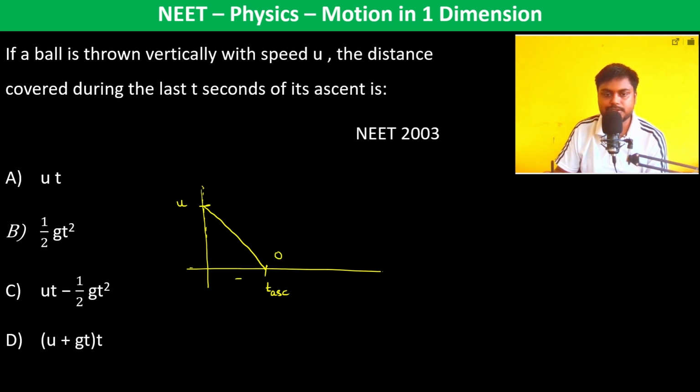For the last t seconds, the slope we know is g, so this is basically g into t. The area, which gives us the displacement, is going to be half into t into gt, which is gt square by 2.